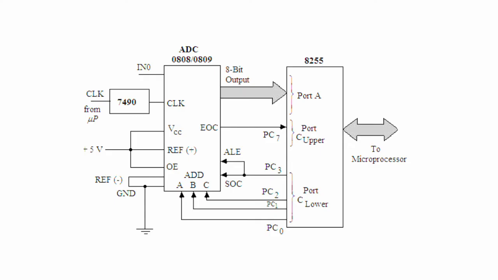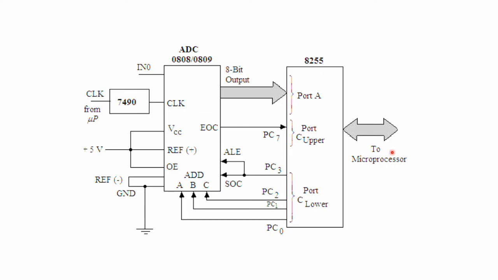This is one of the schematic diagrams, showing how we can connect the analog to digital converter. Through 8255 it is connected to the microprocessor, because the microprocessor needs ports and ports are not inbuilt in 8085.